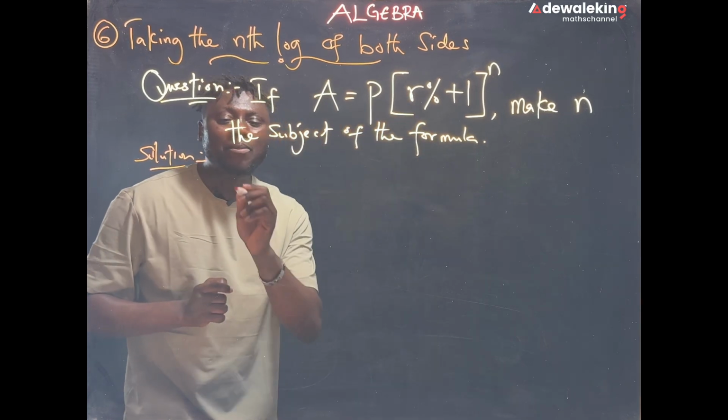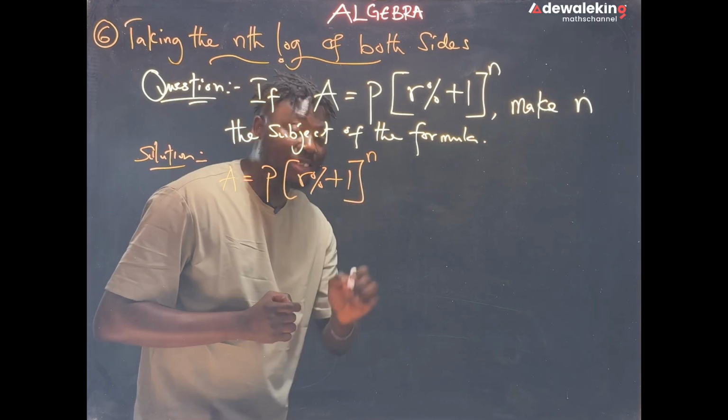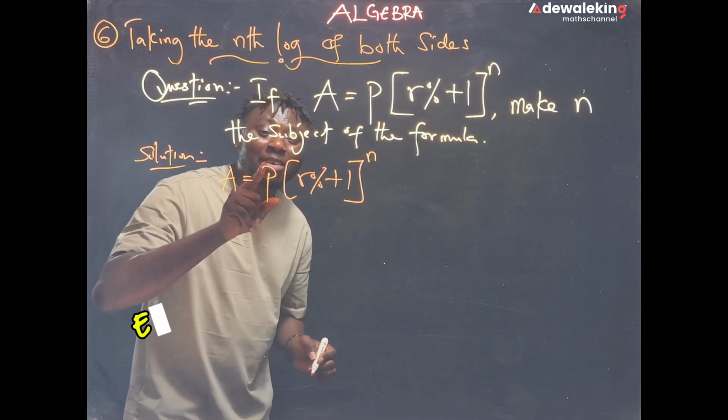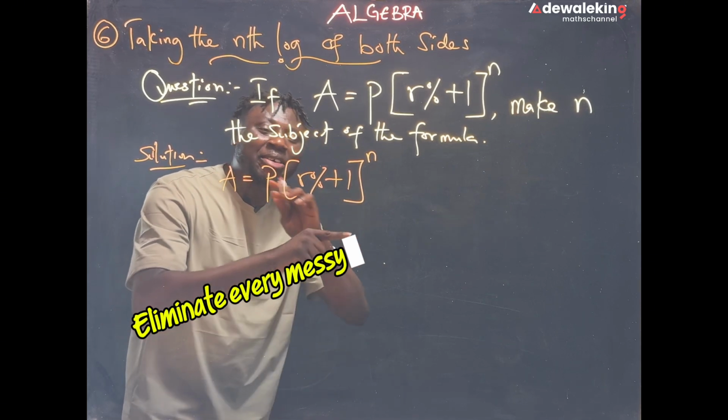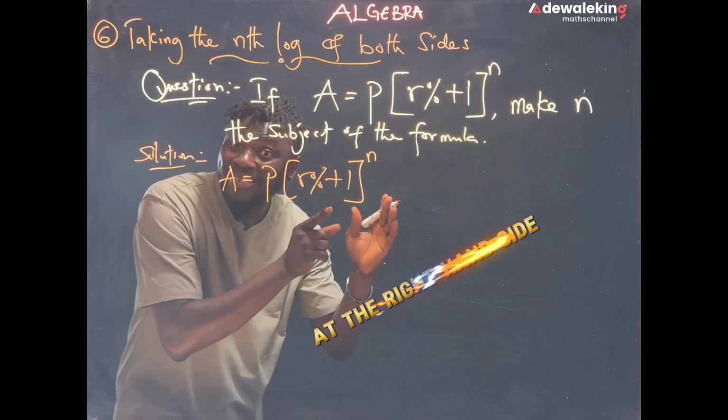So we say, write the equation, A is equal to P times (1 + r%) raised to power n. To make this n the subject, we have to eliminate every messy variable around n at the right hand side.